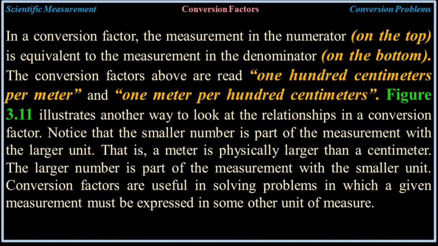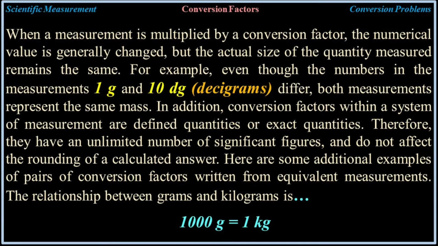with the smallest unit. Conversion factors are useful in solving problems in which a given measurement must be expressed in some other unit of measure. When a measurement is multiplied by a conversion factor, the numerical value is generally changed, but the actual size of the quantity measured remains the same.